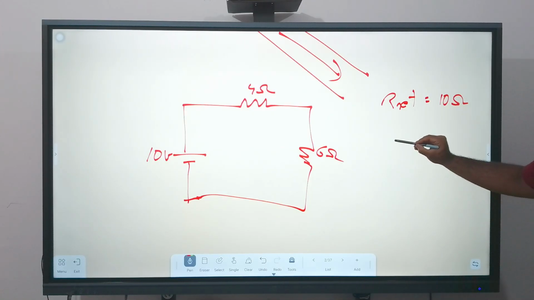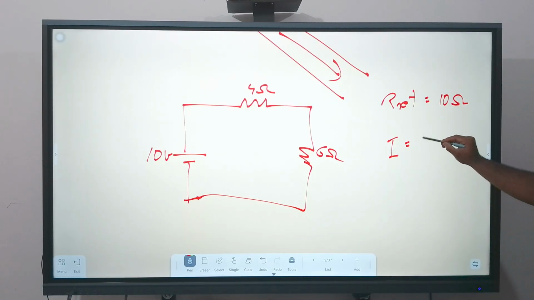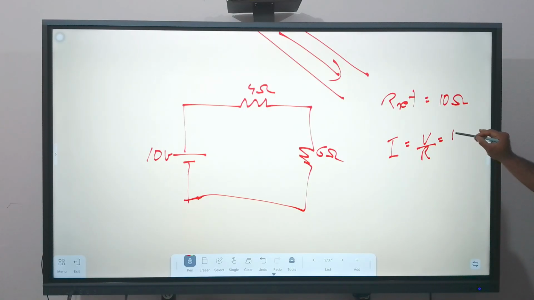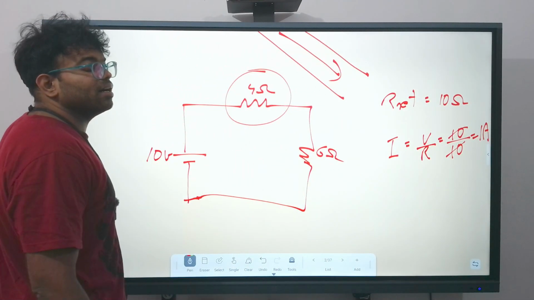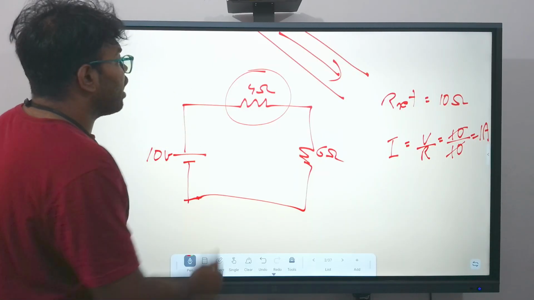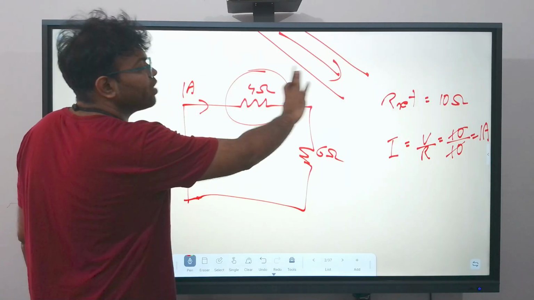Now, what is the current flowing through the circuit? Voltage upon resistance. 1 ampere, exactly. Now, what is the voltage drop across this resistor? Imagine that there is a 1 ampere current flowing through the resistor.